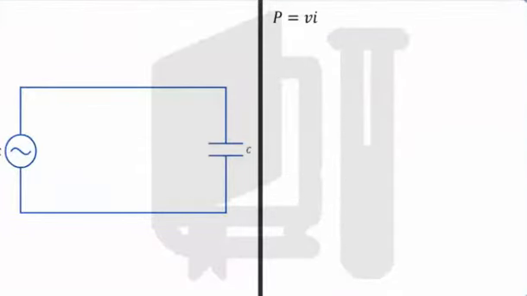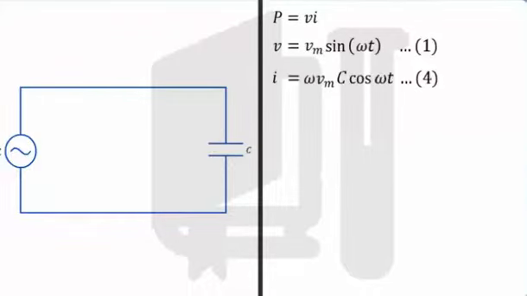Let us now try to look at power dissipation through the capacitor compared to resistance. The instantaneous power supplied, P, to the capacitor is the product of voltage with current through any circuit element. Using equations 1 and 4 and the relation Im is equal to omega Vm C, we get P is equal to Vm sin omega t into Im cos omega t.